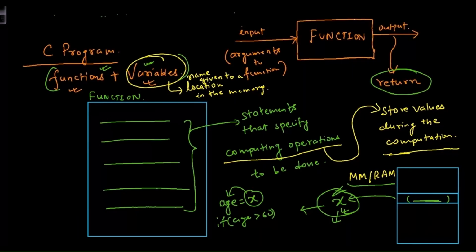When it comes to variable names in your program, you give a variable name which is related to the problem. So rather than giving variable names like X or A or B, some random name, you give a name that helps you understand what type of variable it is.